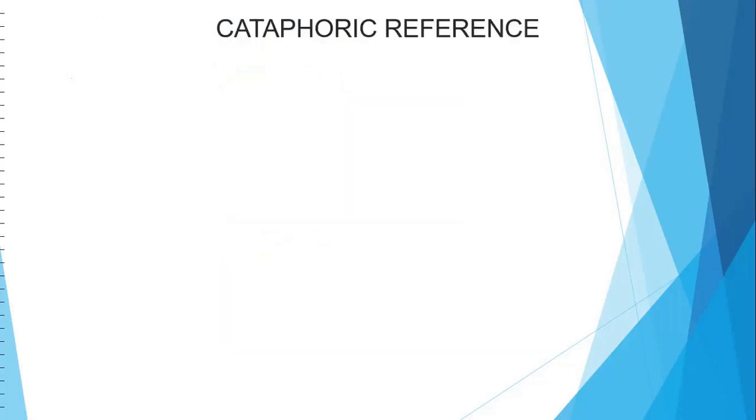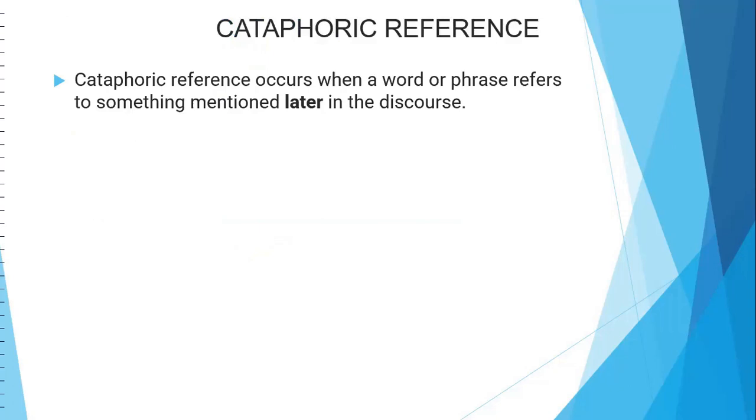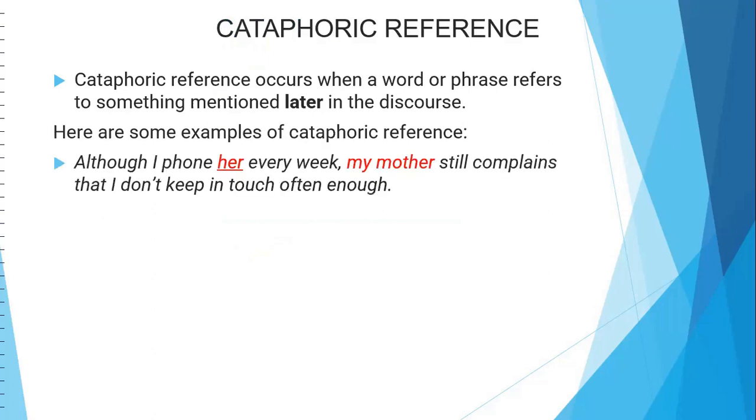Then we are moving towards the cataphoric reference. As far as the cataphoric reference is concerned, it occurs when a word or phrase refers to something mentioned later in the discourse. In simple words, we can say it is the opposite of anaphoric. Here are some examples of cataphoric reference.